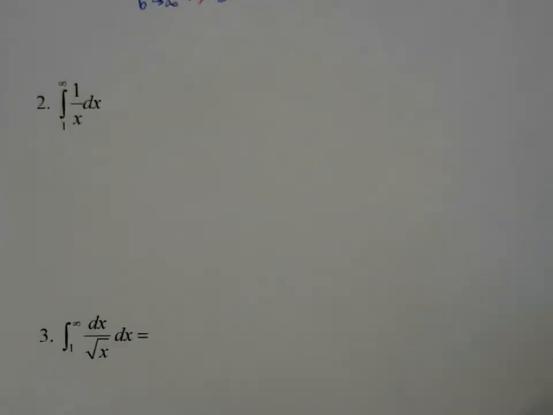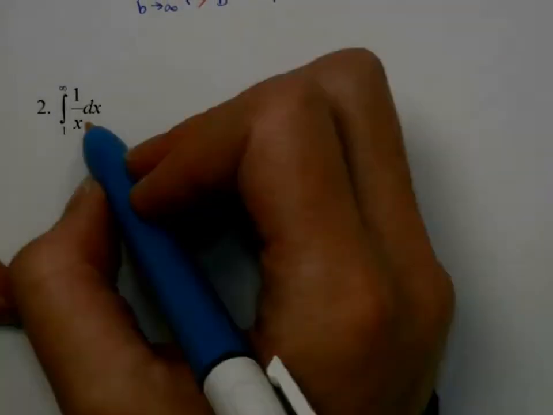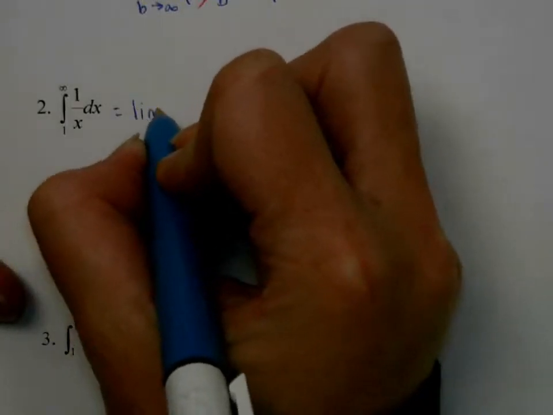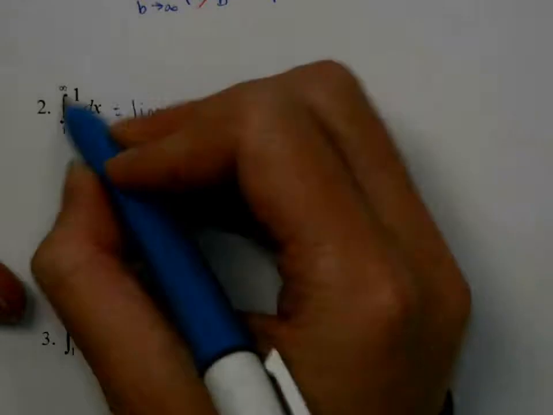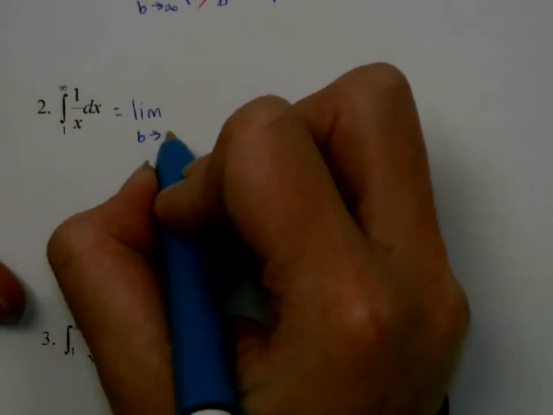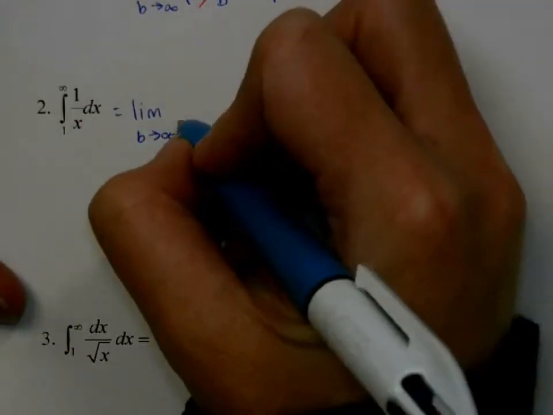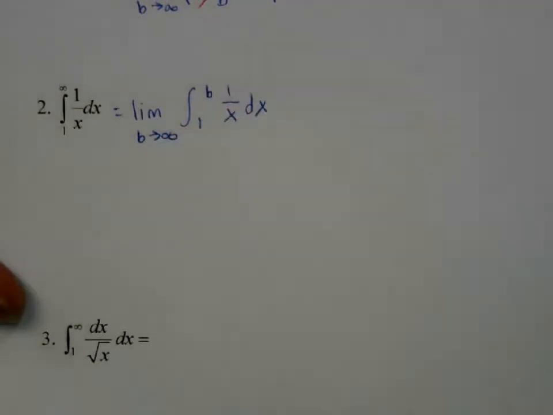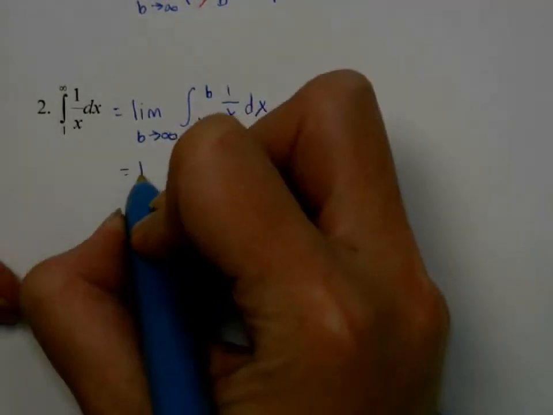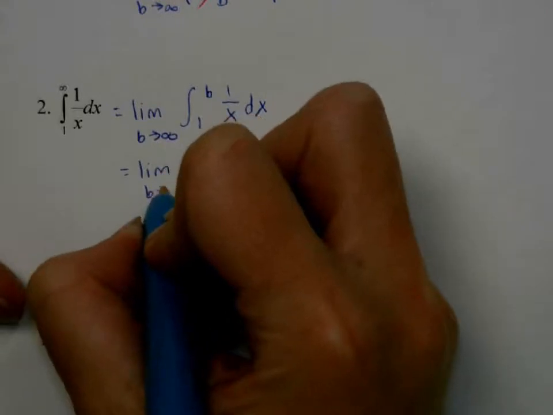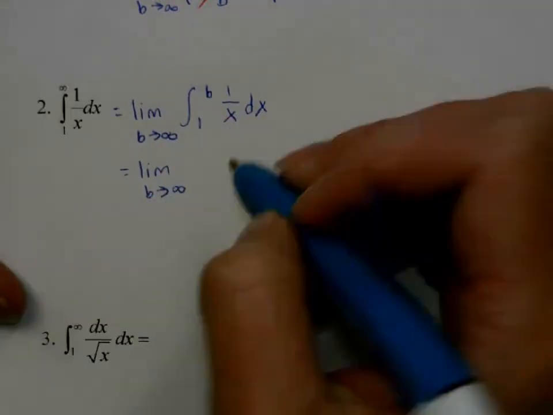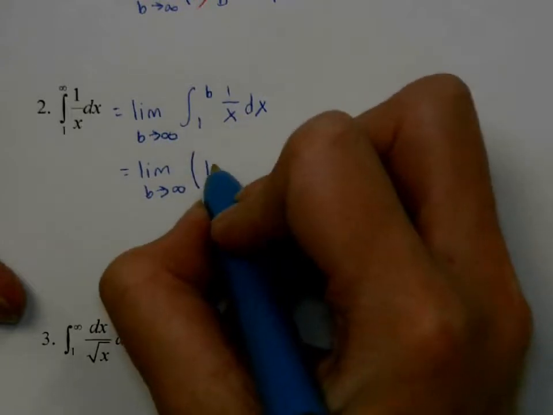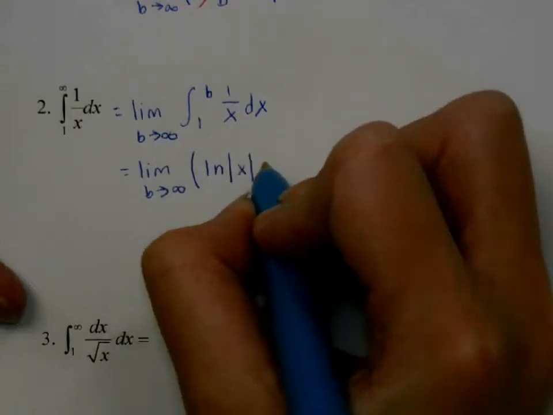Our next example, similar idea, but instead of an x squared, we just have x. We're replacing the top, so we'll replace it with a b. Then we will integrate. The limit just keeps on there. The integral of 1 over x is the natural log of x.